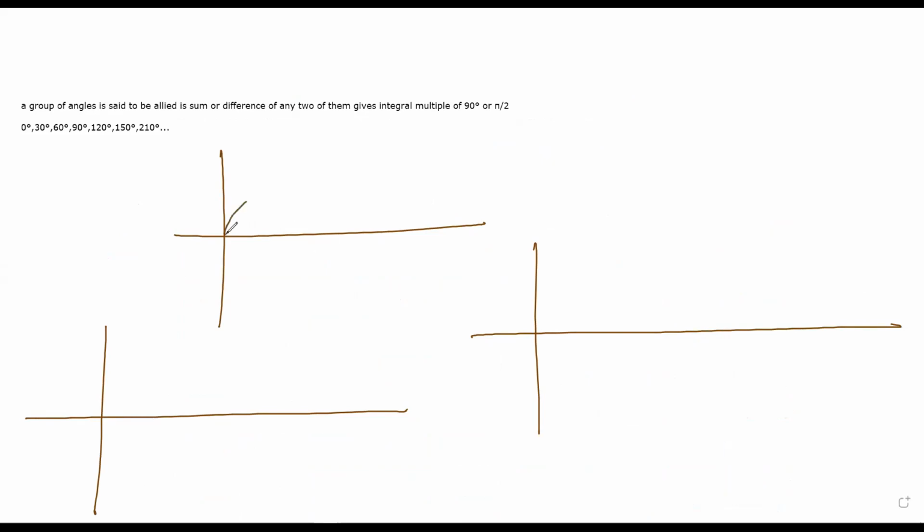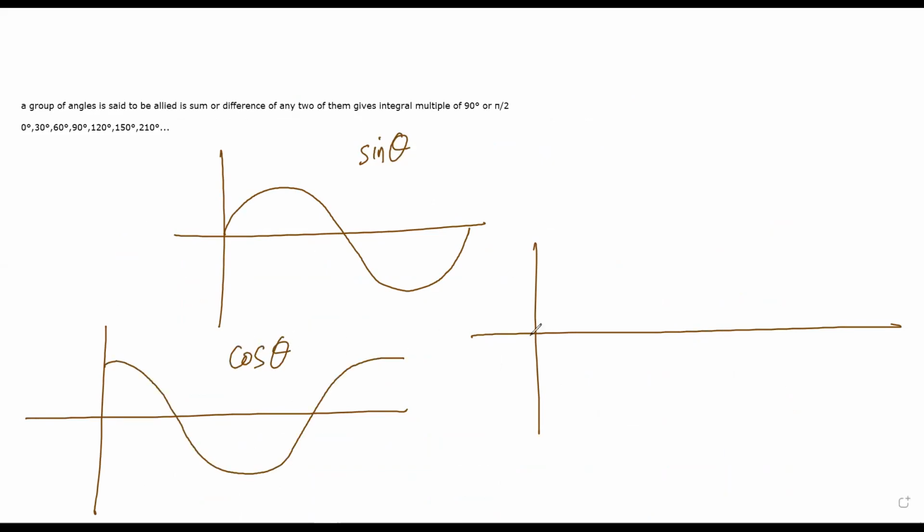So this is how the graph of sine theta looks, and this is how the graph of cos theta looks. Just take my word on this, and in the next few lectures we'll discuss this also.